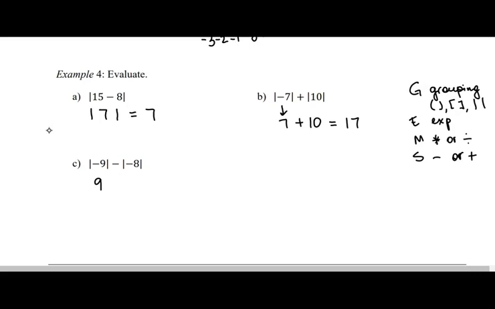Negative 8 is 8 units away from 0, so the absolute value of negative 8 is 8. I've evaluated my two absolute values, and I need to bring down the subtraction, the operational symbol. And now I'm looking at 9 minus 8, and I know that is 1.